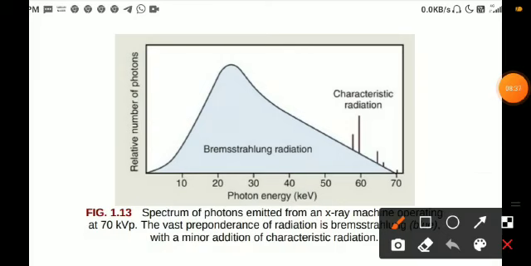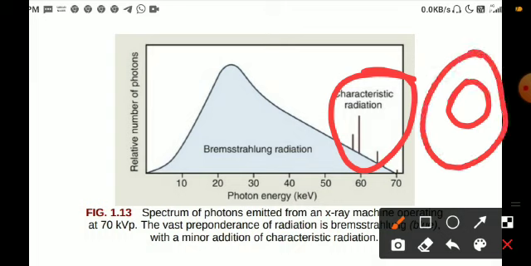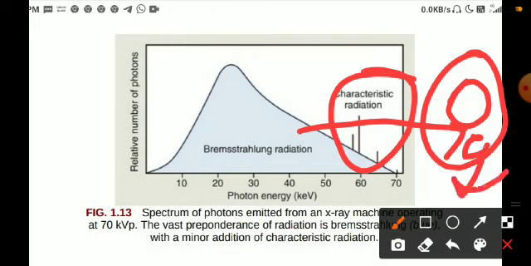Why is this characteristic radiation seen in this graph? The question may ask. Because when a cathode ray is fired on the tungsten atom, it may strike an electron and the electron may eject out. This vacancy is created and void is created. This void is filled by the higher orbital electron.